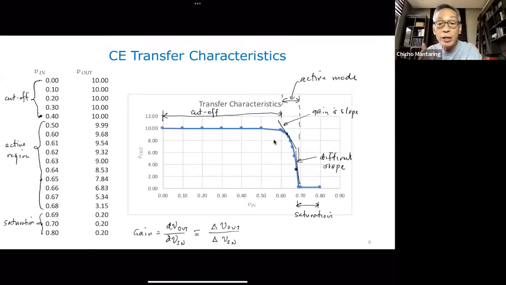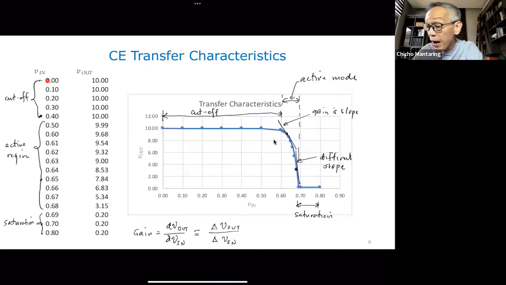So where is the slope greater in absolute value? The slope is greater in absolute value here than here. In other words, as I move along this curve, my gain changes, and my gain is greater here than it is here. Now, the assumption is this: if you are using your transistor as an amplifier, then the input signal is not going to vary by that much.